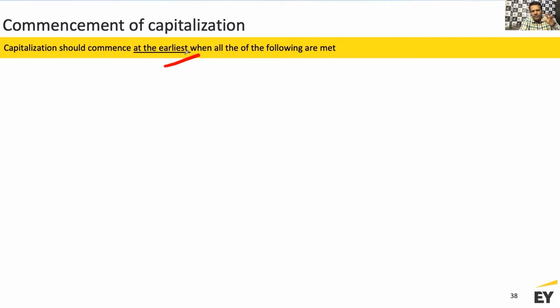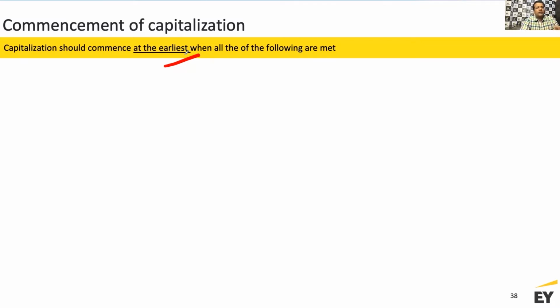So if you have a qualifying asset on the right hand side of your balance sheet, and if you have an interest cost which you're incurring on your liabilities on the left hand side of your balance sheet, then that interest cost is something which you need to evaluate for the purpose of capitalization, and it is not an accounting policy choice, it's mandatory, right?